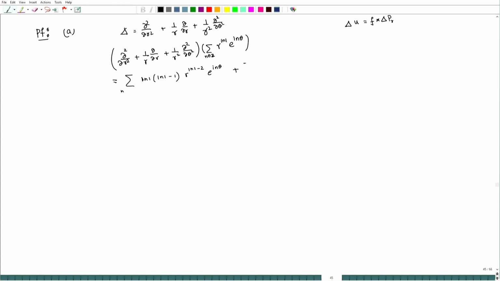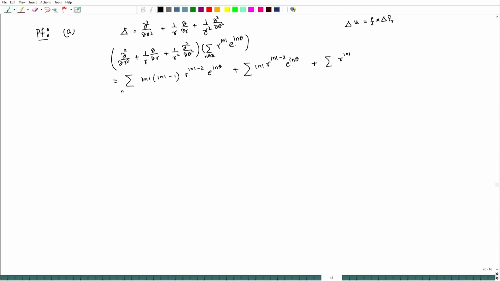Now the first derivative with the 1/r: we have the first derivative |n| r^{|n|-1}, then 1/r is there, so this is e^{inθ}. And for the second derivative with respect to θ, r to the power |n| is not going to offer anything for us, it is independent of θ.